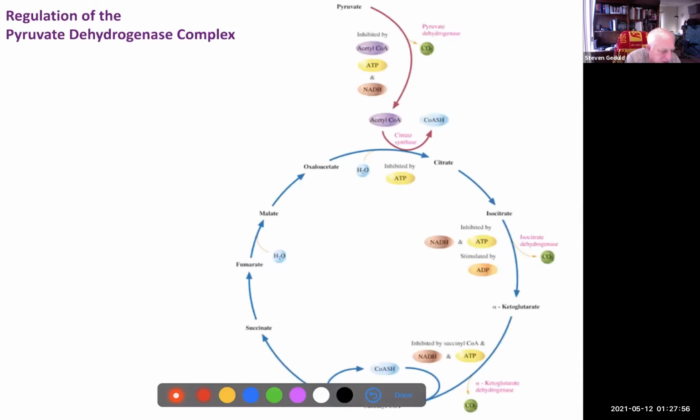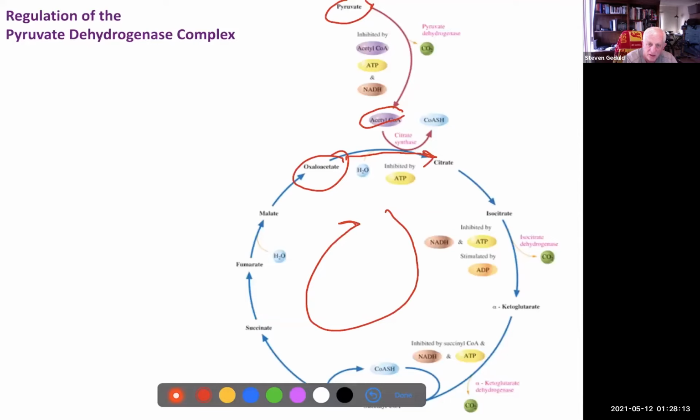And again, this is regulation of the pyruvate dehydrogenase complex. This is the citric acid cycle as it spins, and it just doesn't put the enzymes on there. But it's the same thing we looked at before. Pyruvate breaks down to acetylcoenzyme A, and then oxaloacetate, and starts to the citrate and starts our reaction. And this oxaloacetate is regenerated from malate as the citric acid cycle spins.